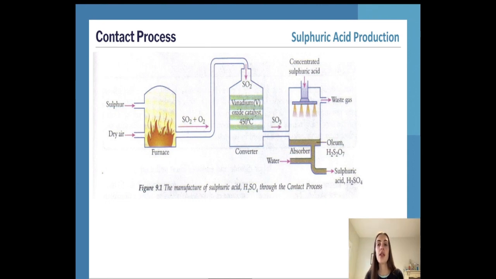So the catalyst is going to ensure that the reaction is fast enough for a dynamic equilibrium to be set up within a very short amount of time, so that the gases are actually reactive in the reactor. And so this is the reason why we then use our vanadium oxide catalyst. So that's our production of sulfuric acid.